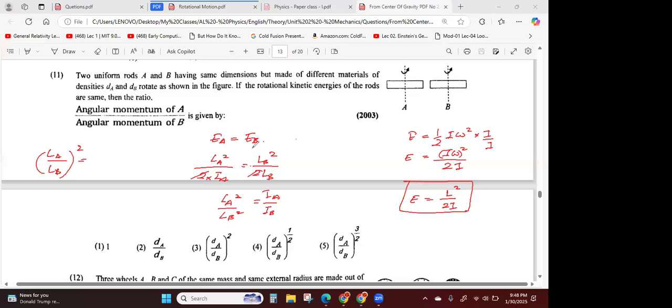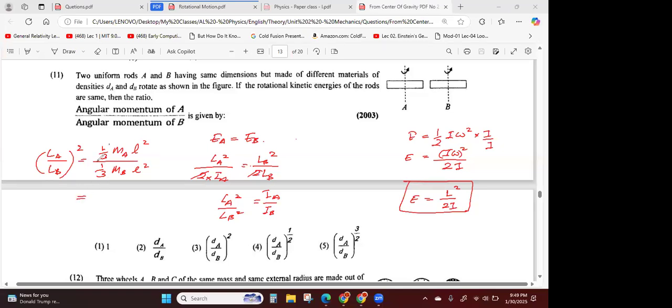Now it's a rod rotating about the midpoint, so I is 1 over 3 m L squared, where the length is L. So here 1 over 3 mA L squared divided by 1 over 3 mB L squared.